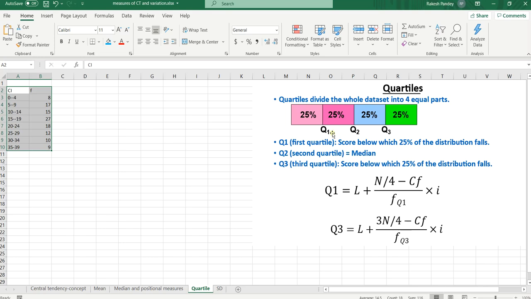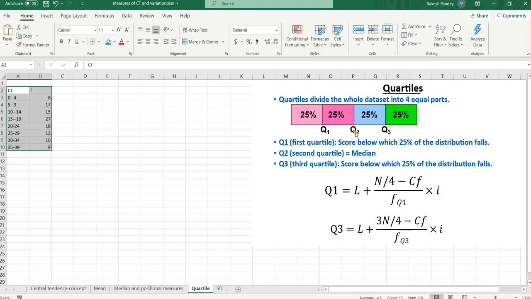So the first value is called Q1 and it is also called the first quartile. So there are 25% cases below this value in the distribution. Here I have written, you can read it. Now the second value is Q2.